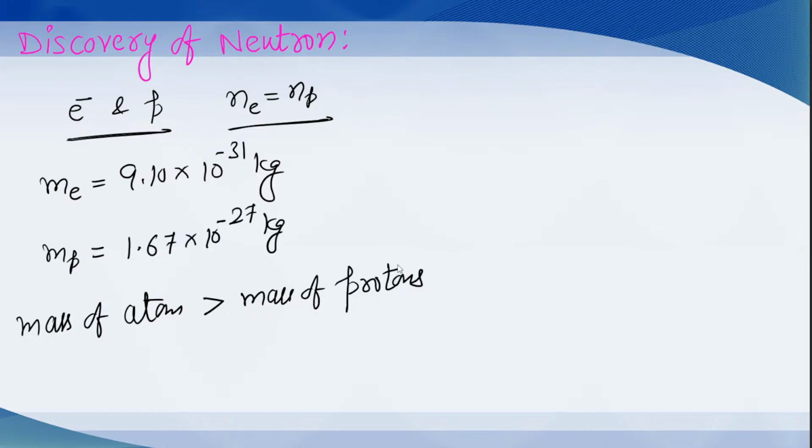So it was seen at that time if there are some other nucleons, means other particles in the nucleus, which are neutral, has no charge but has mass as that of proton, very close to proton.